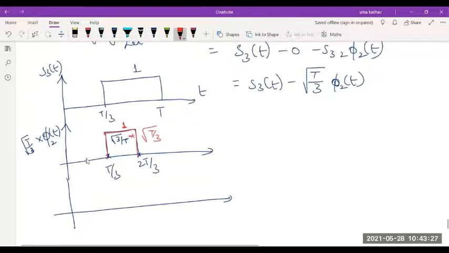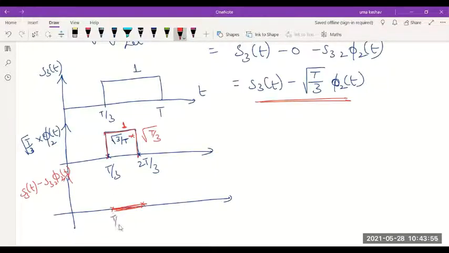Now what should I do? I should subtract this second waveform from the first one. I'm supposed to find S3 minus S32 into phi 2. Do it. So what will you get? S3 minus S32 into phi 2 as 1 minus 1 in this range, it will be 0, correct?